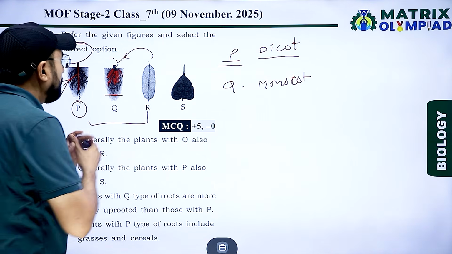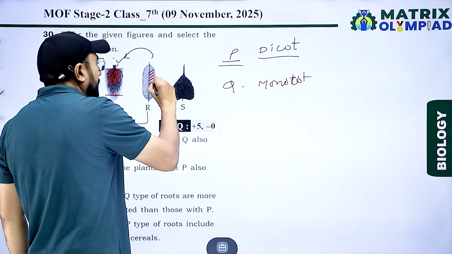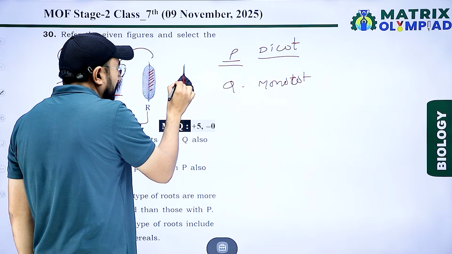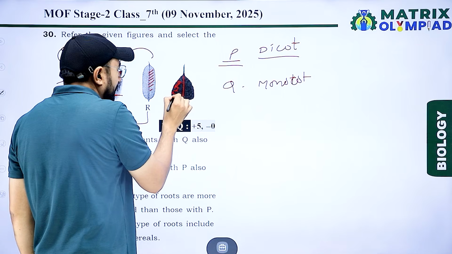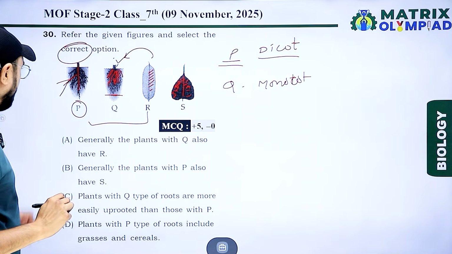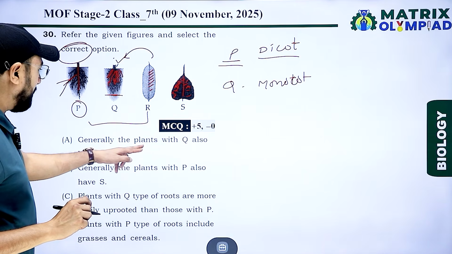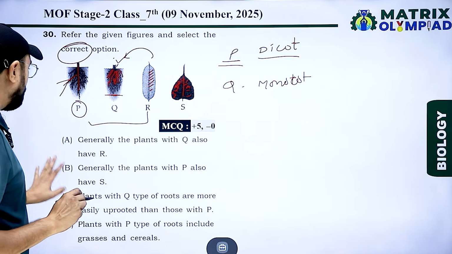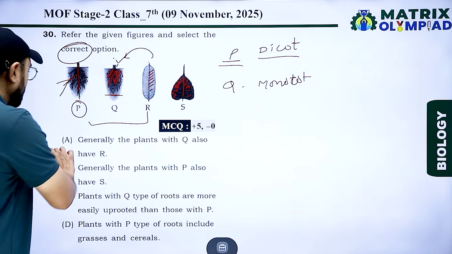In monocots, parallel venation is found, and in dicots, webbed, reticulate venation is found. So generally the plants with Q also have R, right?